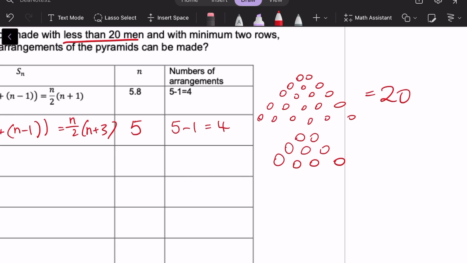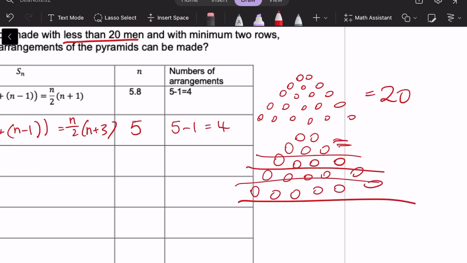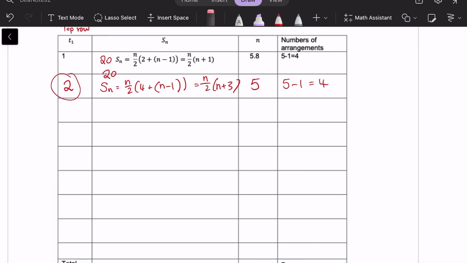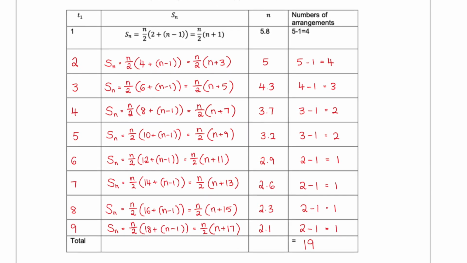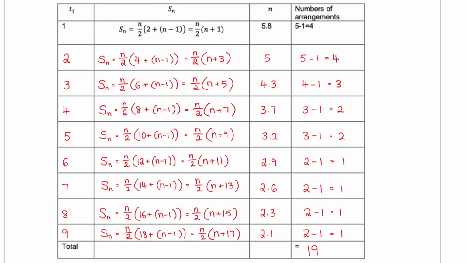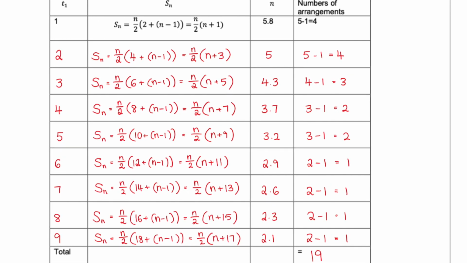And we can keep doing that until we reach a maximum of 5 rows and then we can't anymore. Because you can have 2 rows, 3 rows, 4 rows, 5 rows, which is 4 different possibilities. I'm just going to zoom ahead and do them all. And that's basically the end of question 4. Now we can move on to question 5.